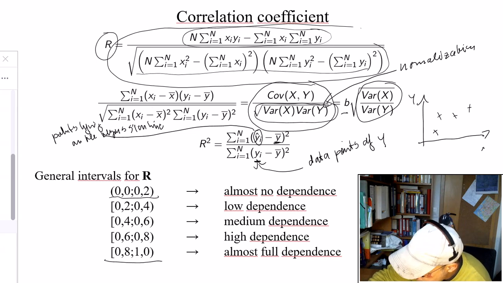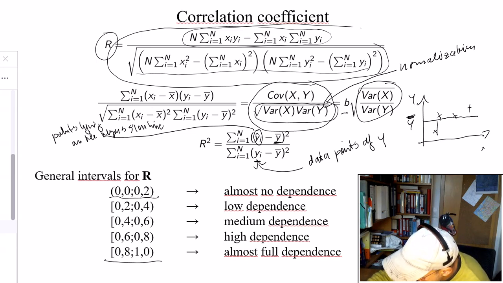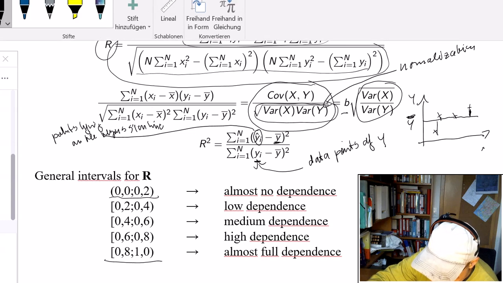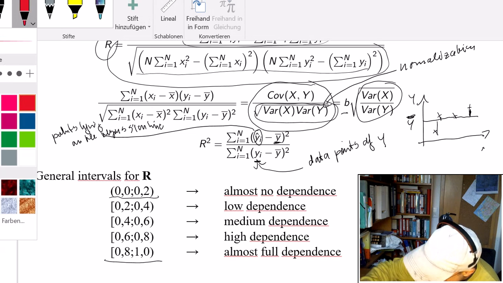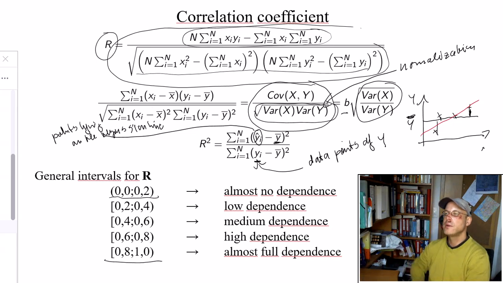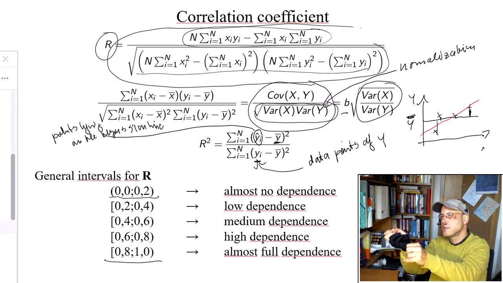Then we could calculate the mean of our data set, and then we have the variance, the spread with respect to the mean. And now putting in, let's take red, this is better, the regression line, then overall our data points move a little bit more in the neighborhood of this red line.